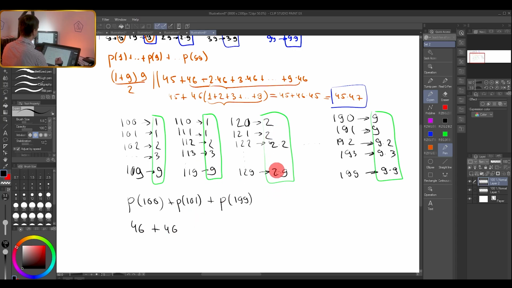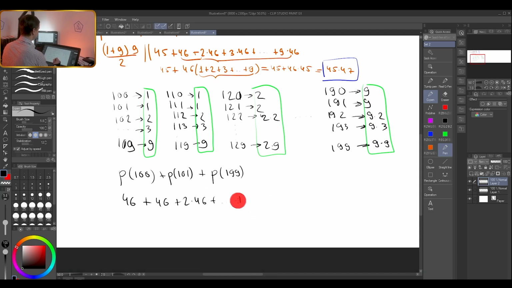The sum of the third column, you can factor out 2 here, and it will be 2 times 46, and so on. The sum of the last column, you can factor out 9, and the sum will be 9 times 46. Well, looks very simple at the moment. And here, with this sum, you can factor out 46, and the total sum in parentheses will be 1 plus 2 and so on plus 9 again, and 46 in the front.